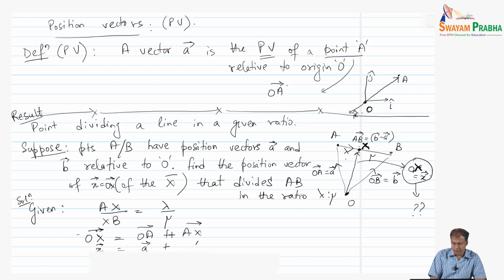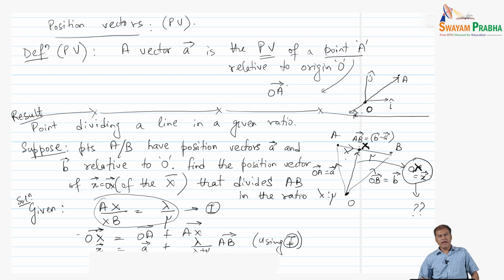we can see from this particular result, let me call this 1, is going to be lambda divided by lambda plus mu times the vector AB, the full line. So this is using 1.